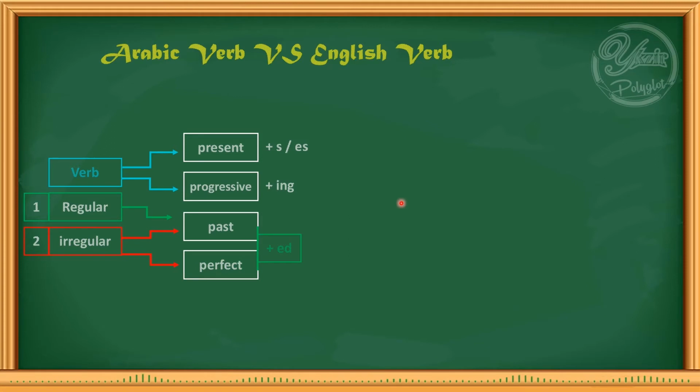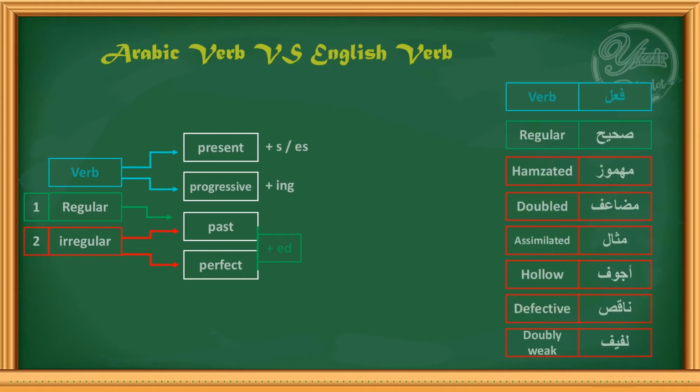For regular verbs, the verb declension for tense is very simple. We add suffix ed for either verb 2 or verb 3. But for the irregular verbs, some of them have different forms for verb 2 and verb 3.